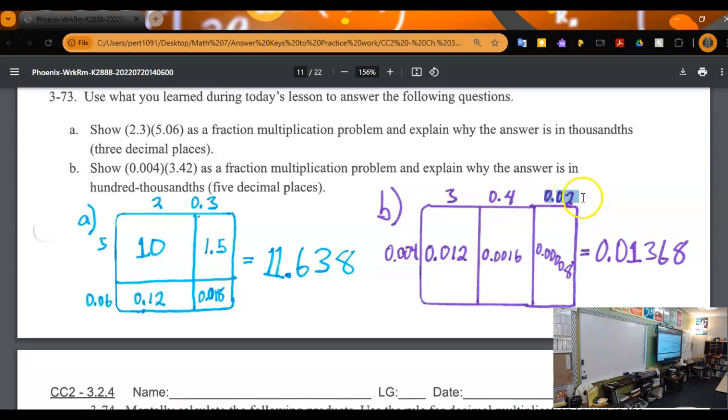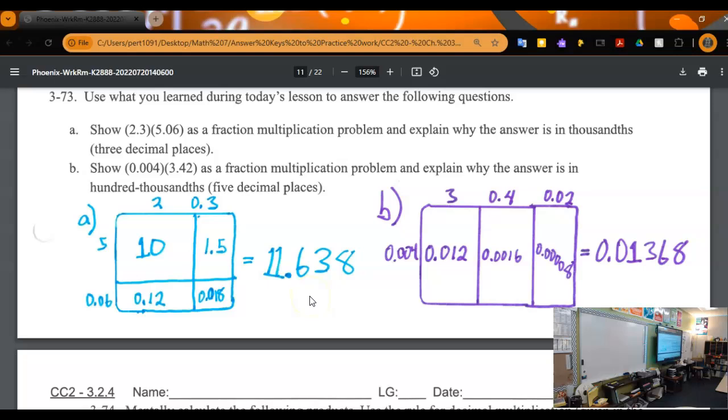I just broke them up to make it kind of easier to work with. But then here I ended up with 5 decimal places. And that's how our answer ends up with 5 decimal places, because we had 2 decimal places and 3 decimal places. We had 5 in total.